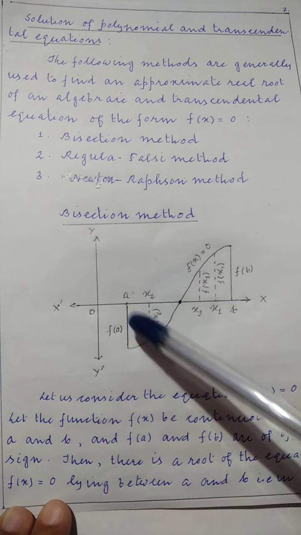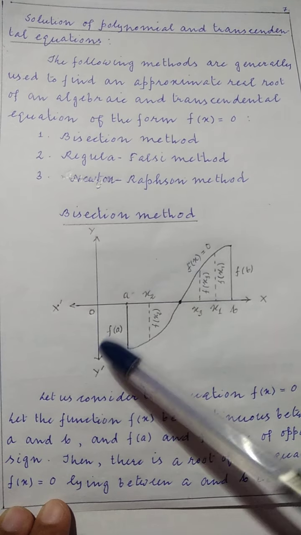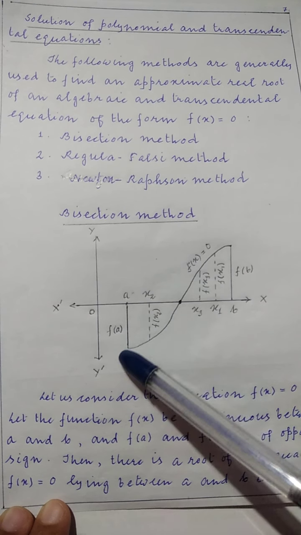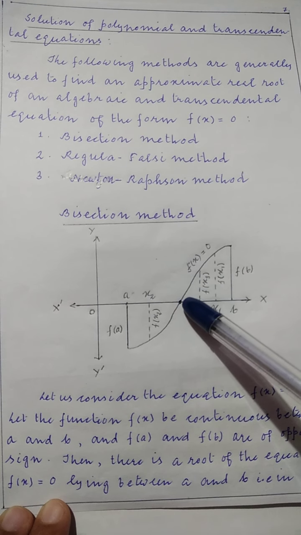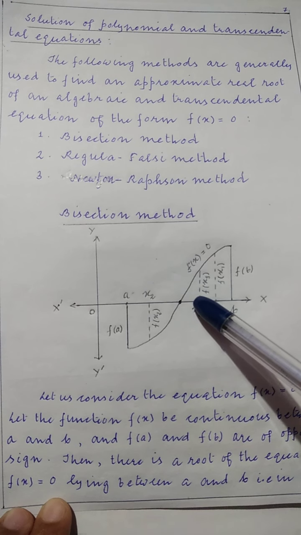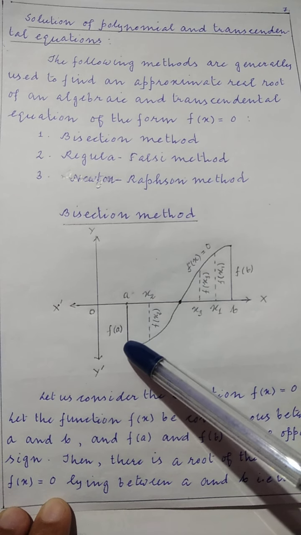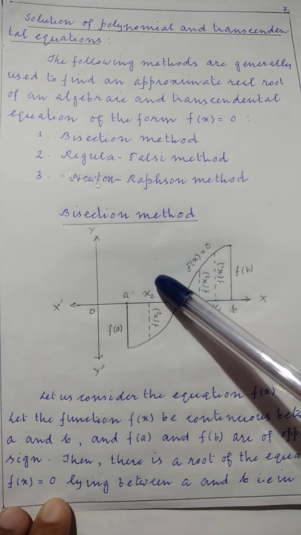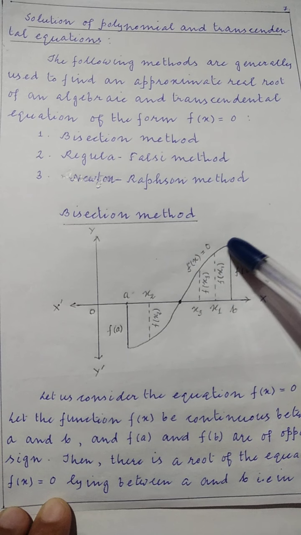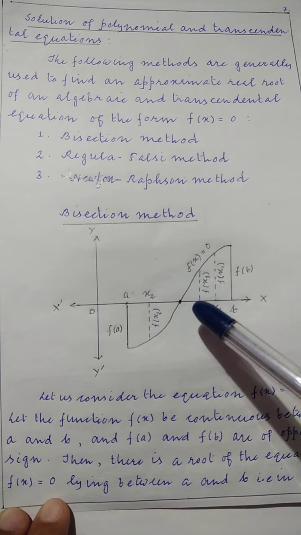So you see this curve intersects or touches the x-axis at one point. That means if f of a and f of b are of opposite sign, then the curve may touch the x-axis at least at one point, or it may touch the x-axis at any odd number of points. If I take the curve this way, then in that case the curve touches the x-axis at 3 points.